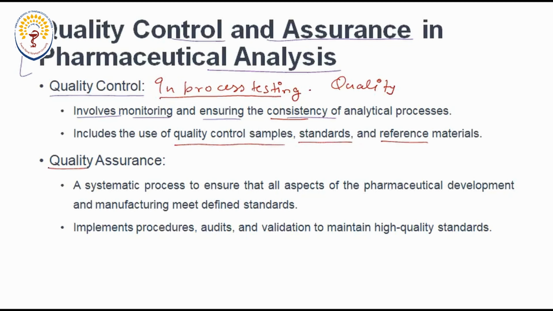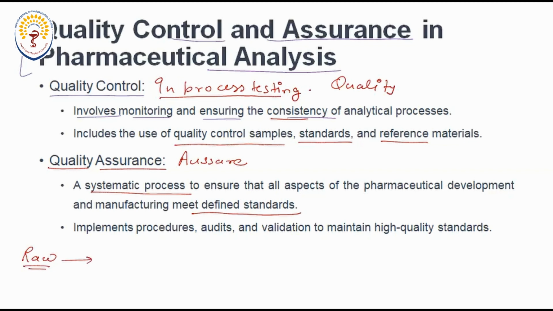But when you are doing quality assurance, you are actually assuring that whatever process you are doing, this process will lead to meet the defined standards. Like for example, when you are doing manufacturing, you will start from the raw material.